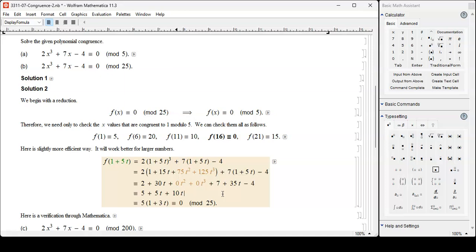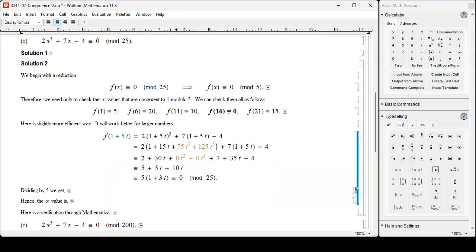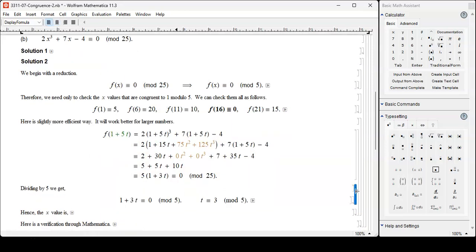Just up to the linear term, so it's an easy computation. And then some simplification, and that's what we have. 5 times 1 plus 3t is congruent to 0 mod 25. And then what do we have? Dividing by 5, we get this simplification. Does it make sense to you?